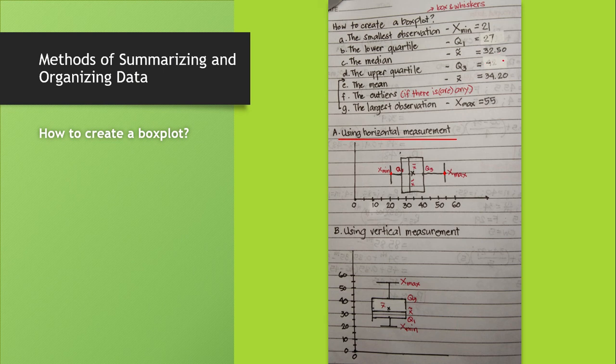Now, get the difference of 42 minus 27. Multiply it by 1.5.